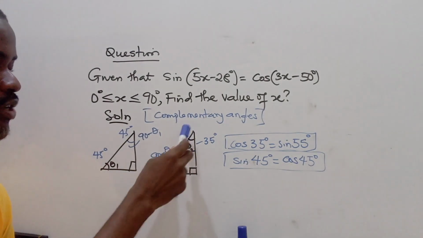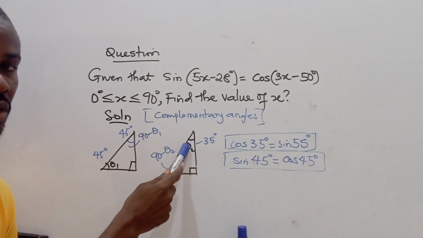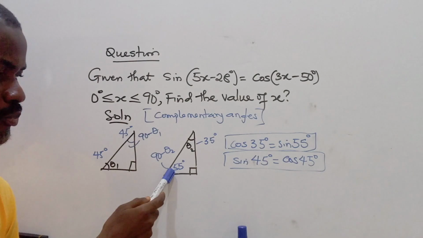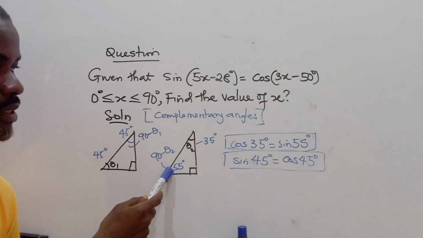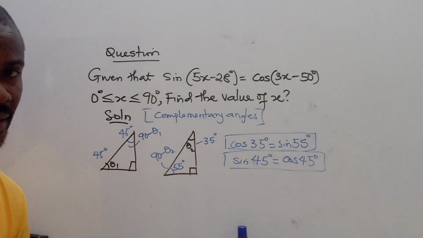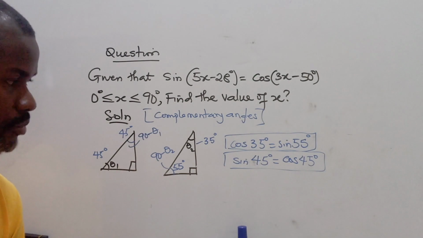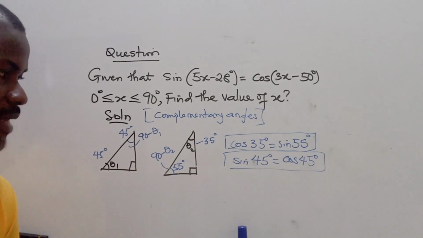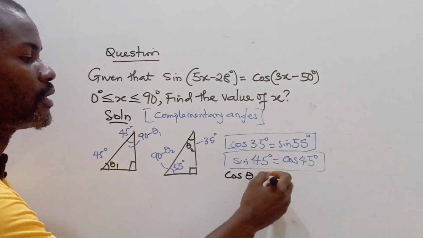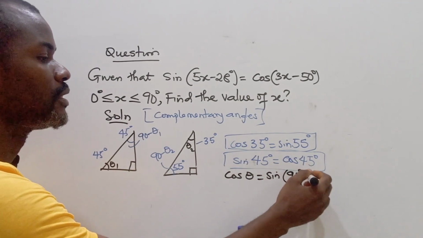When you have a right angle triangle, this side is complementary to this. When you're given one side, you subtract it from 90 to get the other part, and you can use cos and sine on both sides, making them equal, so they are complementary. So we can say cos theta is equal to sine of 90 degrees minus theta.